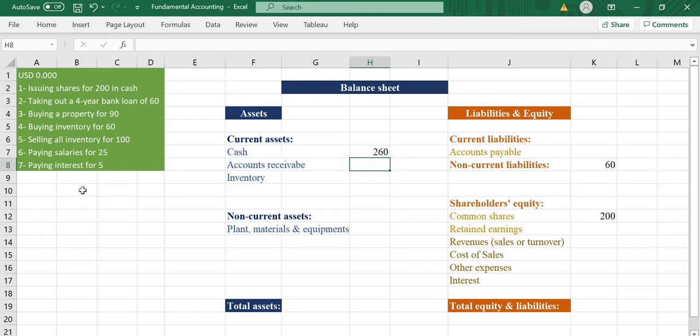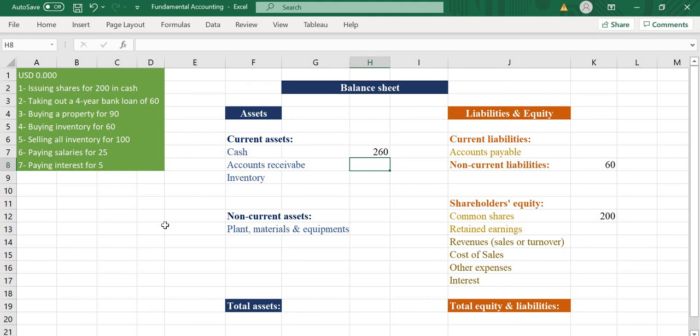Number three, the company is buying a property for 90. So a property usually has maturity of more than 1 year, or even 5, 10, or 20 years.